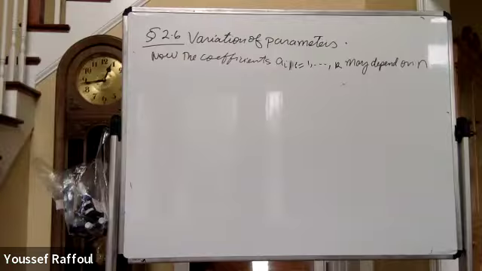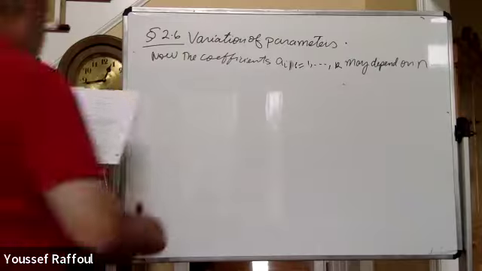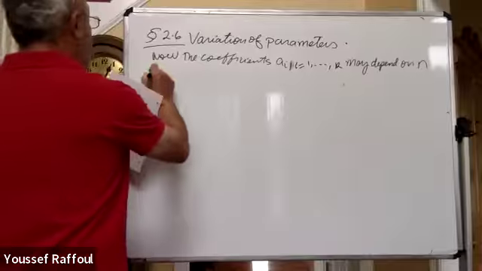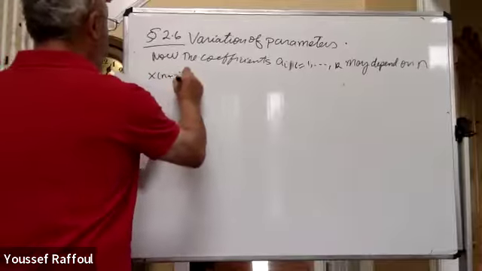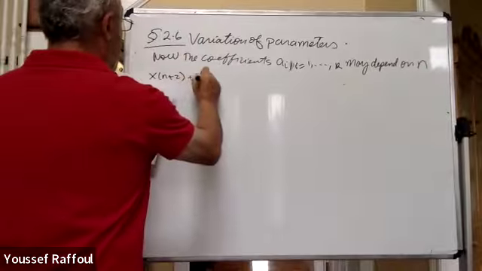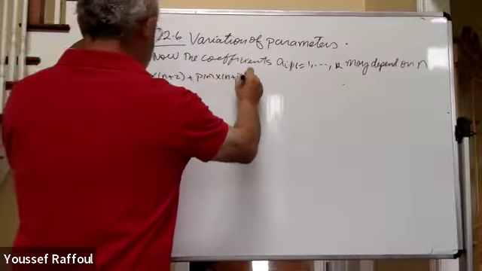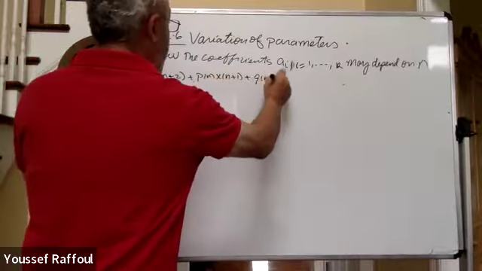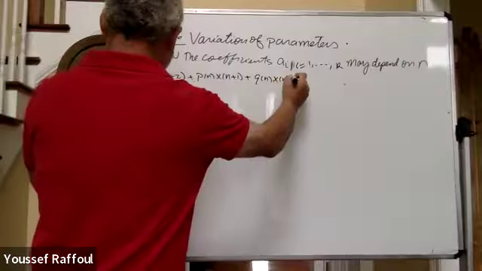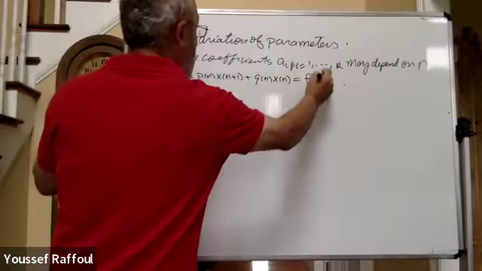All right. So let's take a look at x of n plus 2 plus p of n x of n plus 1 plus q of n x of n equal to f of n.